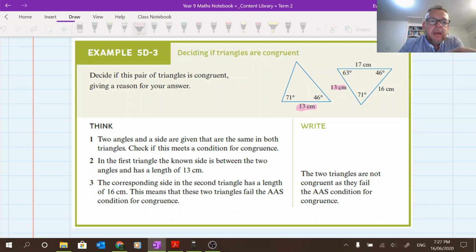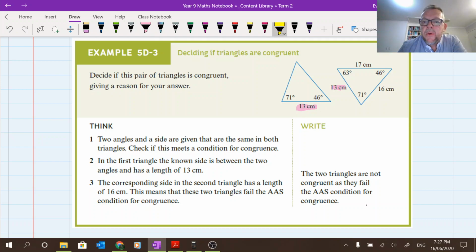Yes. Now we just need to check the corresponding angles to that. That's going to have to be that direction. Yes, that looks good. Let's see. And the other one is 46. Oh, that's going to be in the wrong position though, isn't it?